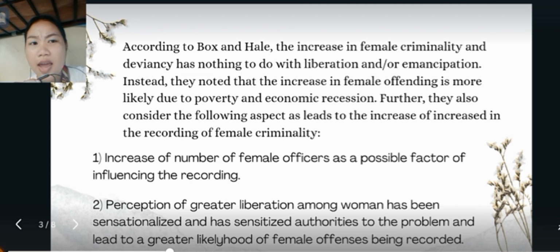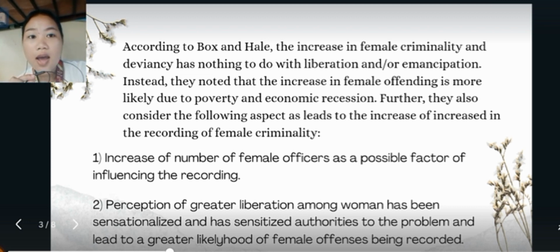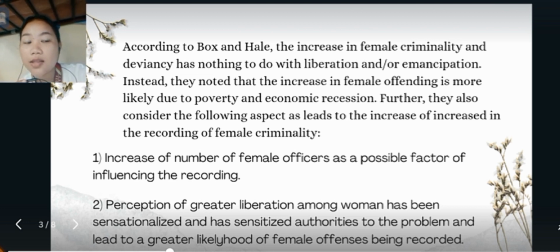According to Box and Hale, the increase in female criminality and deviancy has nothing to do with liberation and/or emancipation. Instead, they noted that the increase in female offending is more likely due to poverty and economic recession. Further, they also consider the following aspects as leading to an increase in the recording of female criminality.